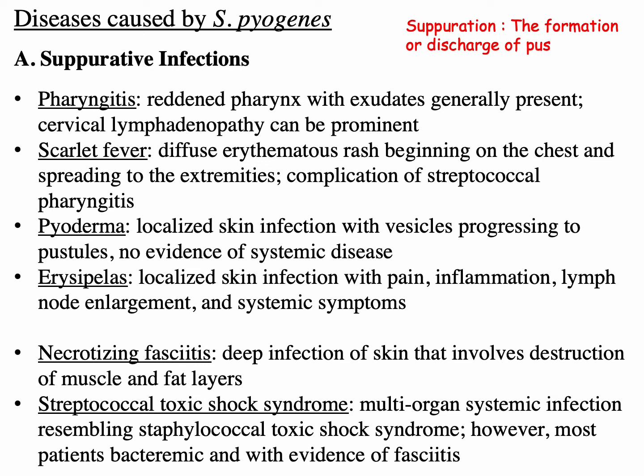Group A strep can also cause toxic shock syndrome. Generally we specify it as streptococcal toxic shock syndrome. Just like Staphylococcus, this involves multiple organs, and it is very similar to Staphylococcus. Toxic shock syndrome is the toxin getting the body's cells to produce massive cytokines that lead to the body overreacting and leading to the symptoms.